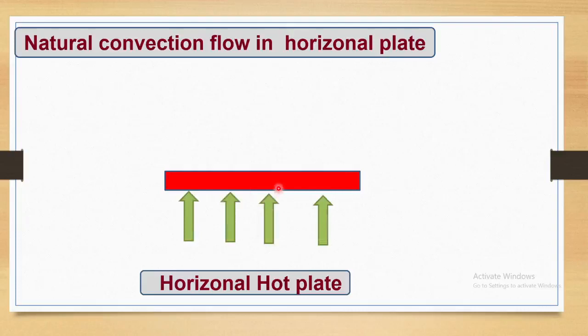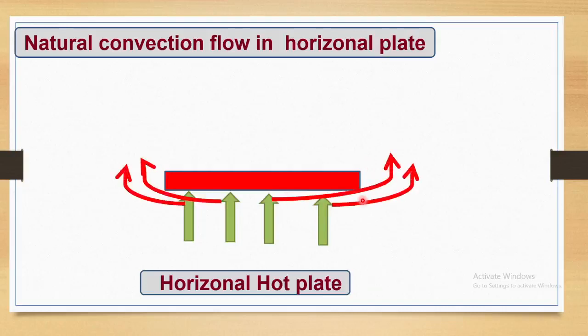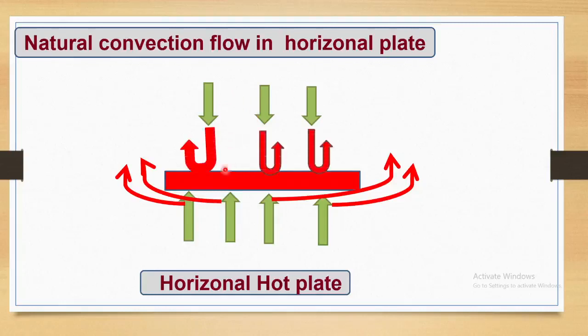On the downside of this plate, when cold air comes into contact with this hot plate, it will become heated, will become lighter, and will try to move in the upward direction adjacent to this plate. Whereas on the upper side, cold air comes into contact with the hot plate, will become heated, and will further move in the upward direction.